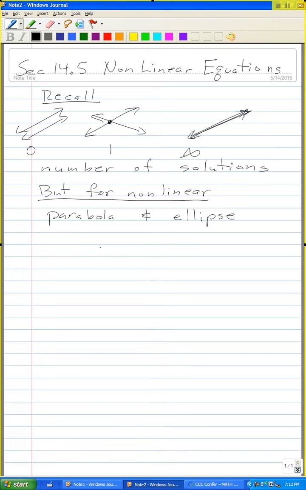If you had some sort of ellipse and a parabola, you can certainly have no solution. So that's one possibility.